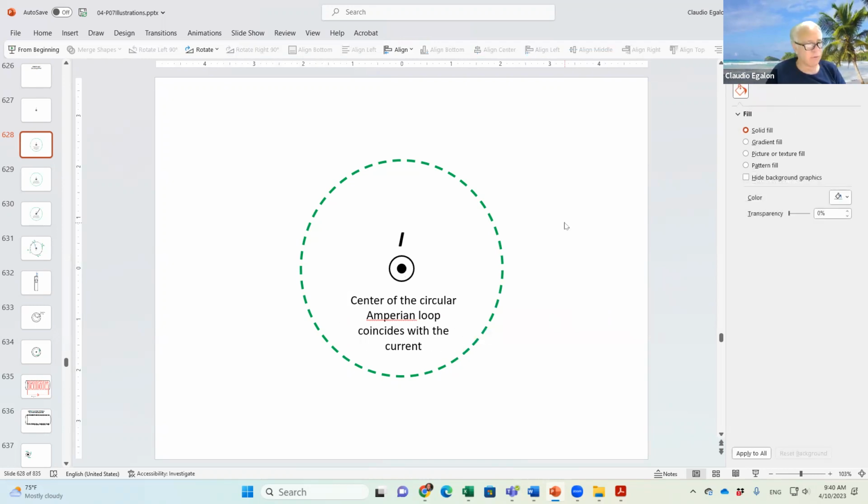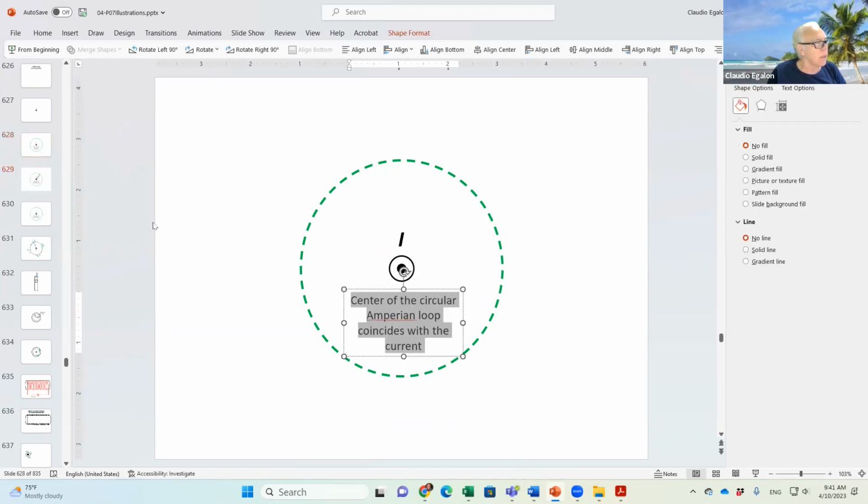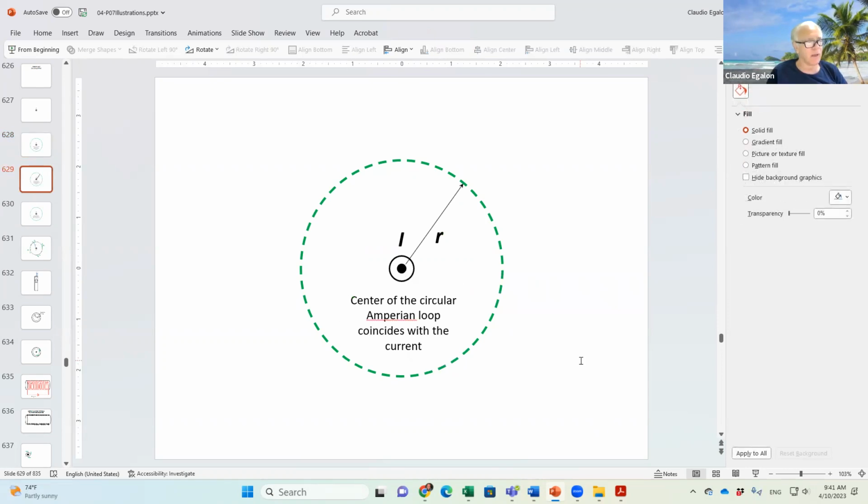That's what I have to fix here. Here you go: the center of the circular Amperian loop coincides with the current.